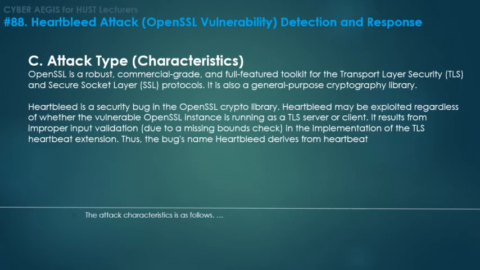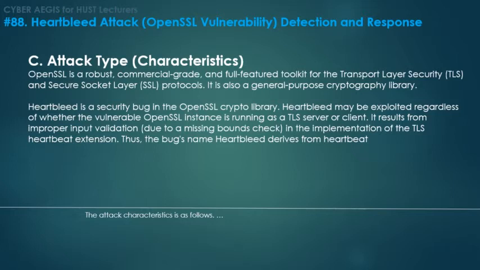The attack characteristic is as follows. OpenSSL is a robust, commercial-grade, and full-featured toolkit for the Transport Layer Security and Secure Sockets Layer protocols. It is also a general-purpose cryptography library. HeartBleed is a security bug in the OpenSSL crypto library.